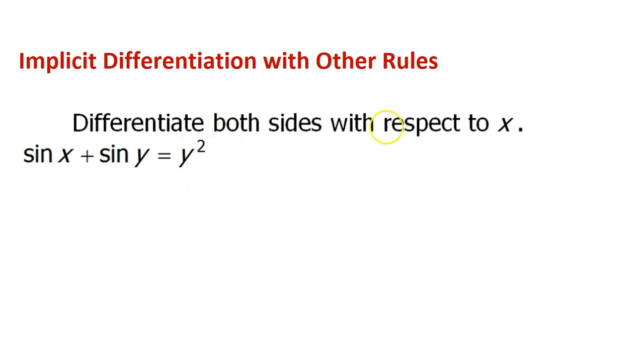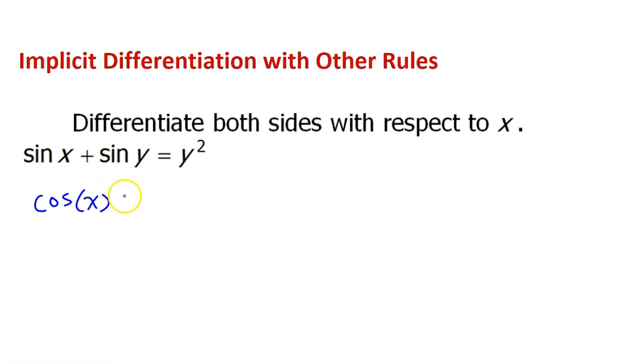We are going to differentiate both sides with respect to x. So the derivative of sine is cosine, and the inner function is x. So if I did the chain rule with respect to x, it would be dx/dx, but that cancels out and I'm not going to actually write it down.